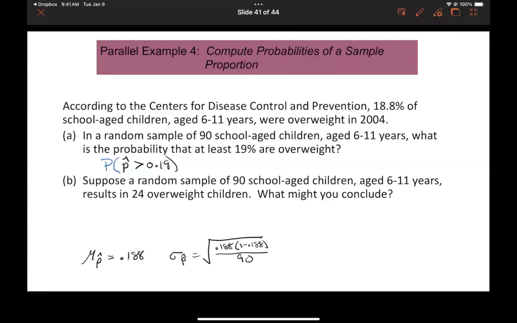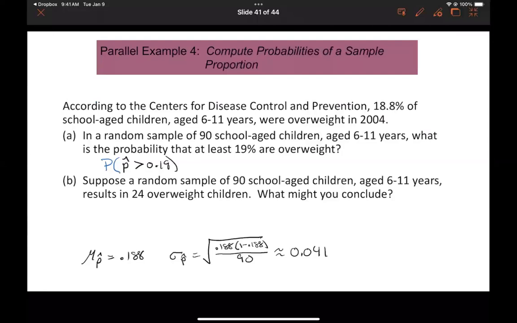Parentheses are your friend, just in case you wondered. I got approximately 0.041. That's my standard deviation.